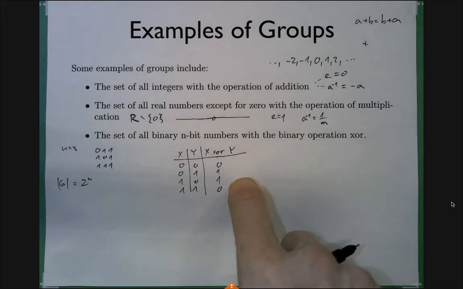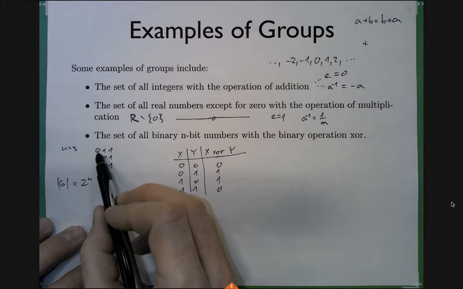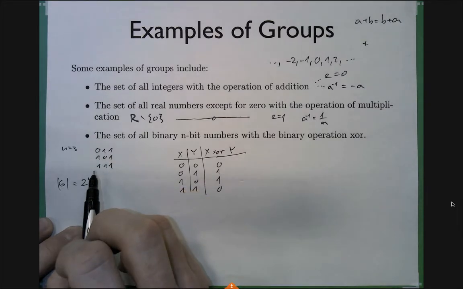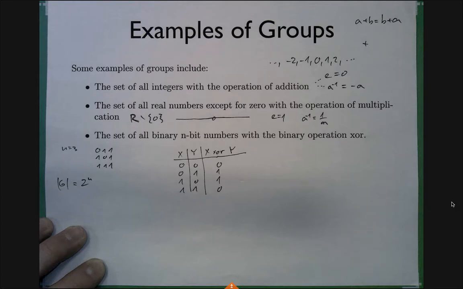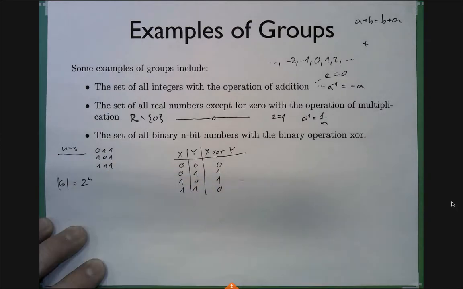And by XORing the binary numbers, I mean XORing them one bit at a time. Is this obvious to everybody, or shall I explain some more? Okay, sounds good.